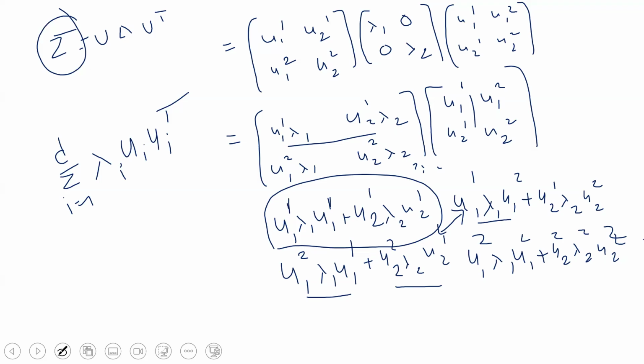This is just the decomposition of sigma. If you break it into u1, u2, you just have to understand what U delta U transpose is. U is the unit vector representation of the eigenvectors, the diagonal elements of delta are the eigenvalues of the covariance matrix, and U transpose is just the transpose of U. That's all for today.